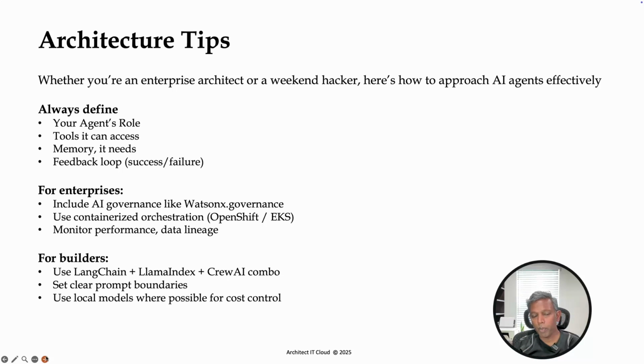And monitoring and performance, data lineage, these are all the key capabilities that an enterprise AI agent must have. And if you are an enterprise architect planning to adopt an AI agent for your enterprise, you must definitely check the capabilities of the AI agent framework that has the monitoring and data lineage capabilities while using the data to produce the outcome, right?